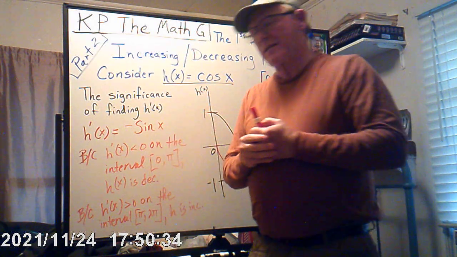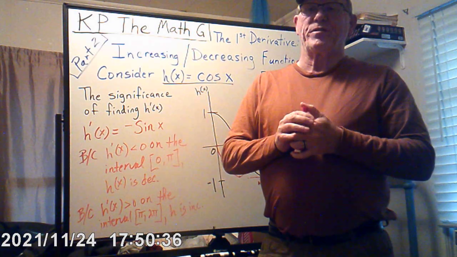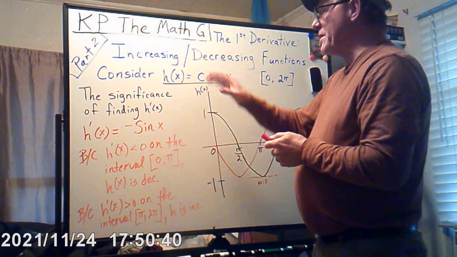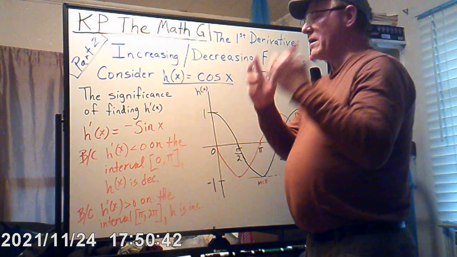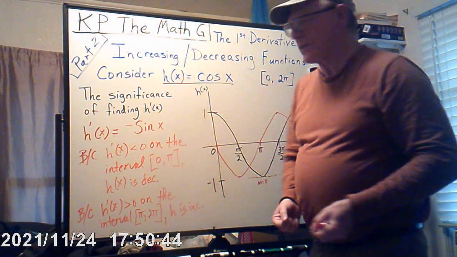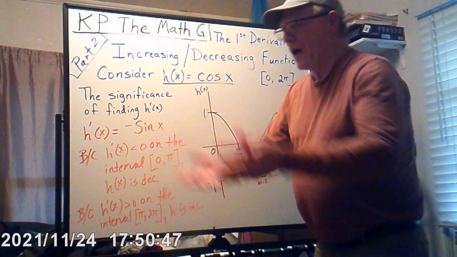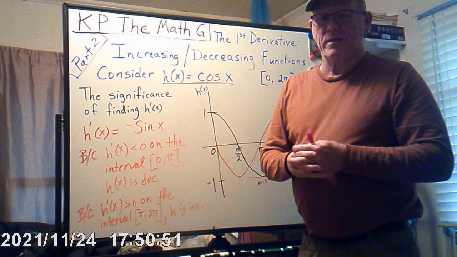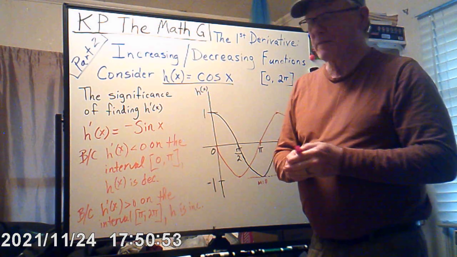That is called the second derivative. It only follows that if we do the first derivative, talking about increasing and decreasing functions, we follow up with the second derivative, talking about concavity.